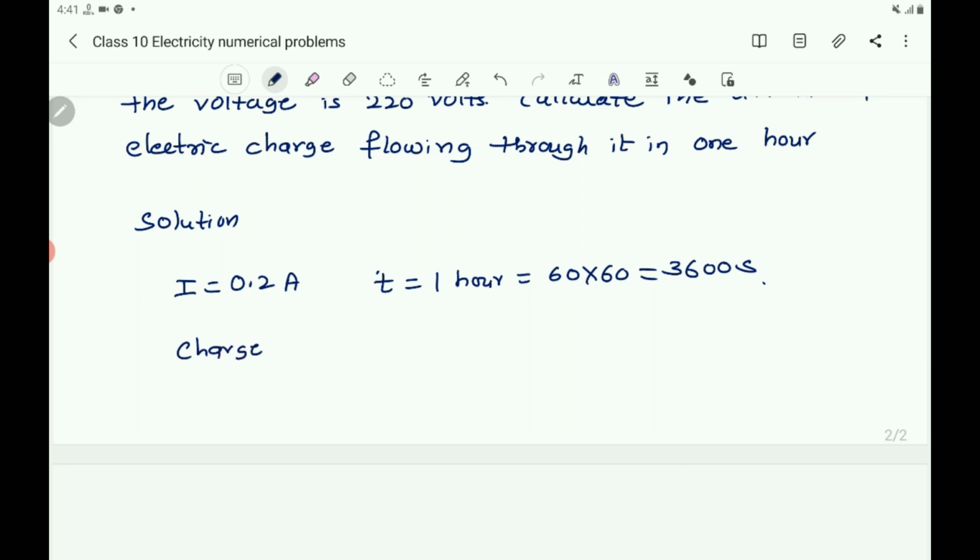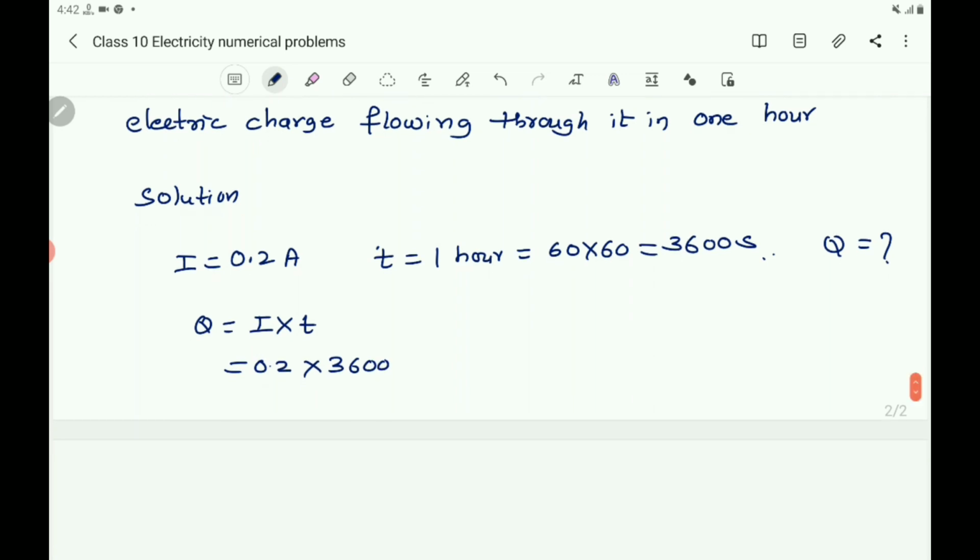Then the charge. What you have to find out? You have to find out Q equals question mark. And you know Q equals I into t. So what is the formula to find the charge? That is Q equals I into t. So you write Q equals I into t, I is 0.2 into 3600. And you know that 36 twos are 72.